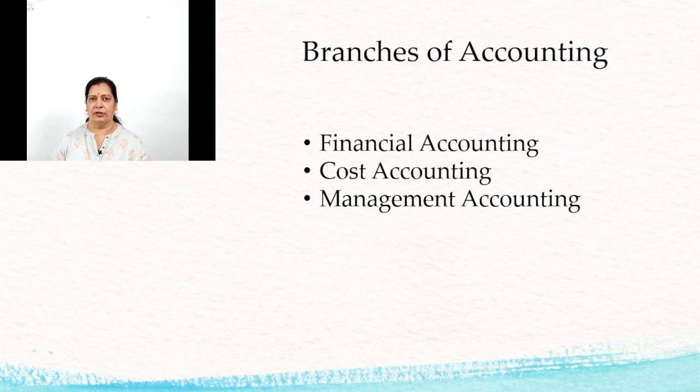Now we are going to discuss about the branches of accounting. There are mainly 3 branches of accounting: financial accounting, cost accounting and management accounting. Financial accounting deals with the financial transactions of the business, recording, classifying, summarizing. These work is done under the financial accounting system.